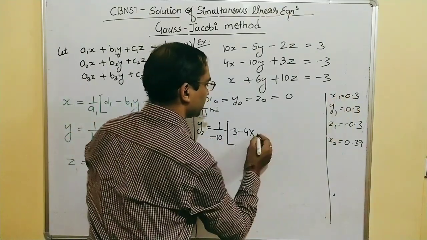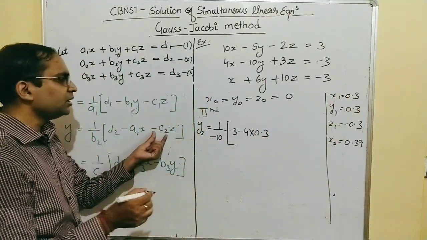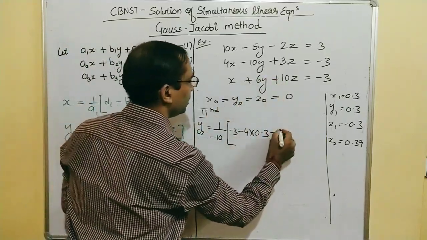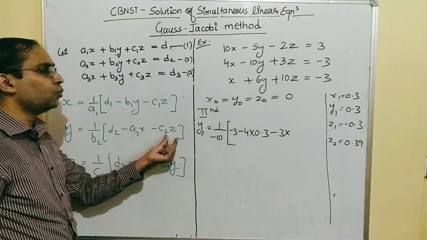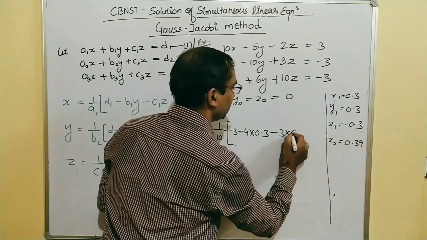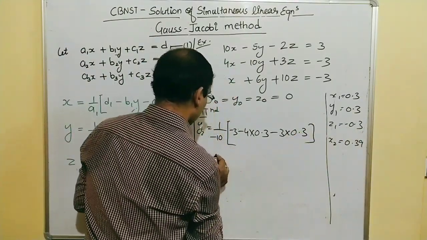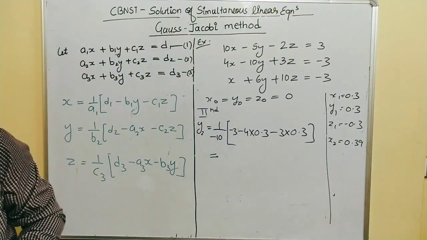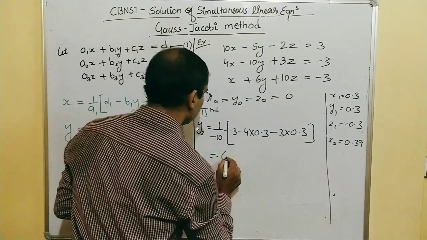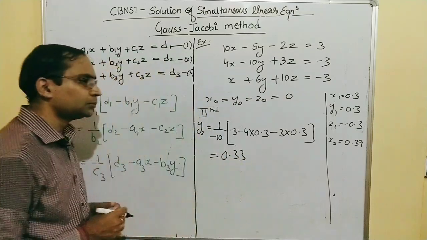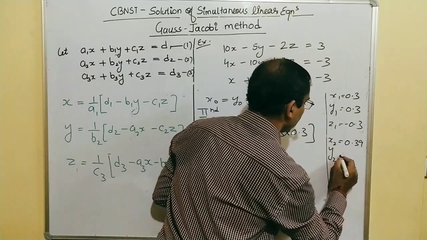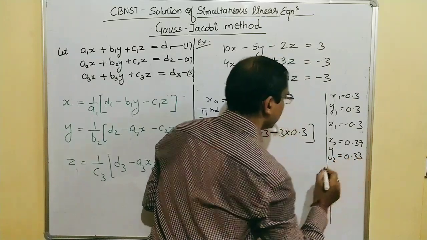So what is x1? 0.3. Then minus c2. What is c2? c2 is this 3 cross z1. So what is z1? 0.3. So in this way we can calculate y2. So the value of y2 is 0.33. Let me write y2 here, 0.33.